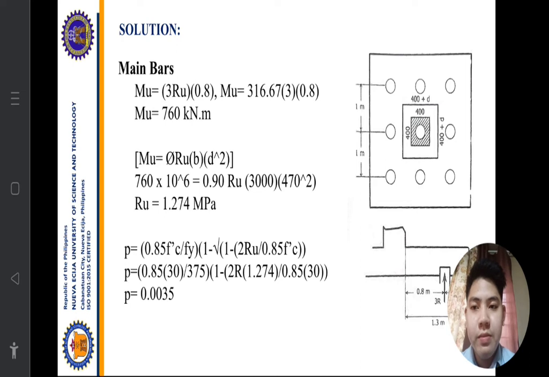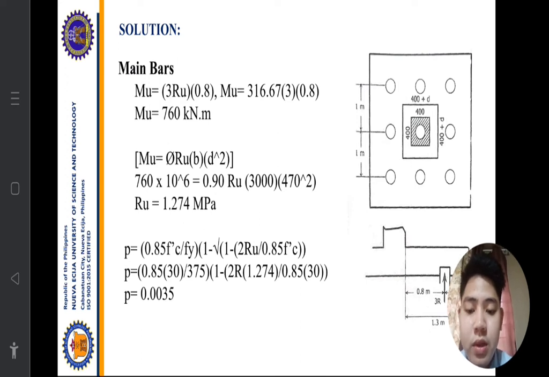Proceeding with our main bars, at the right side, we are given a figure. Our main bars, Mu is equivalent to 3 Ru times 0.8, where our Ru is 316.67. Mu is equivalent to 760 kilonewton meter.